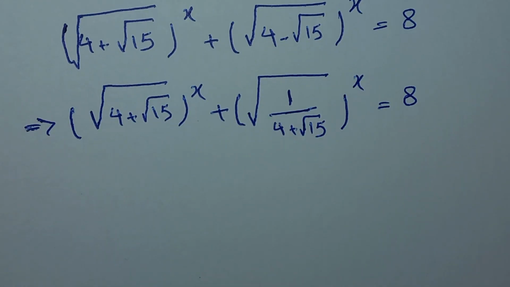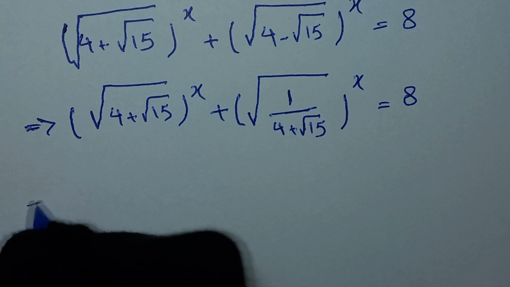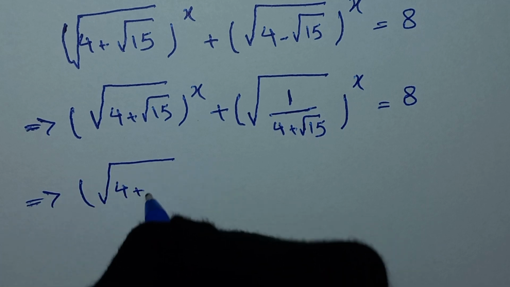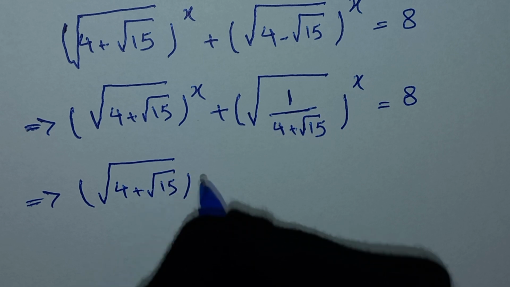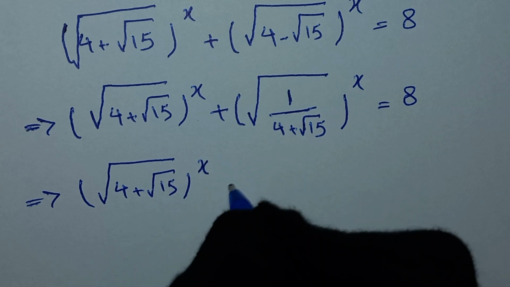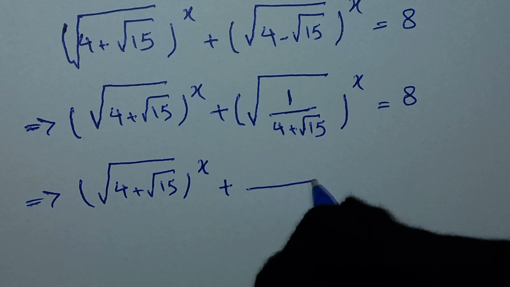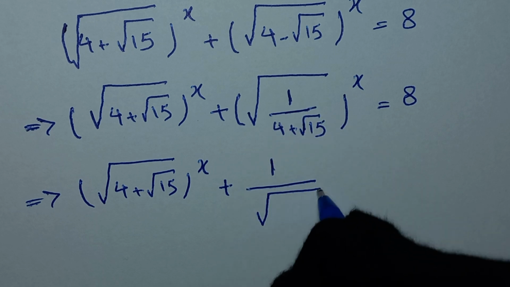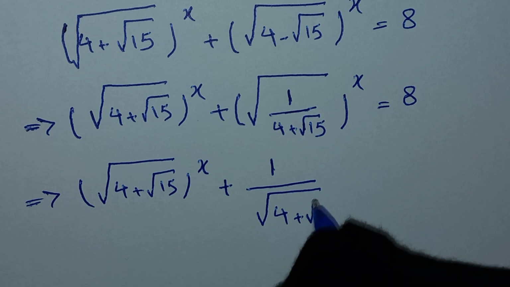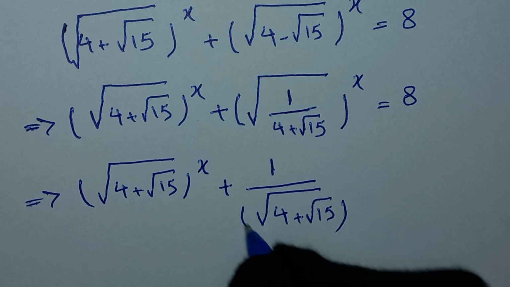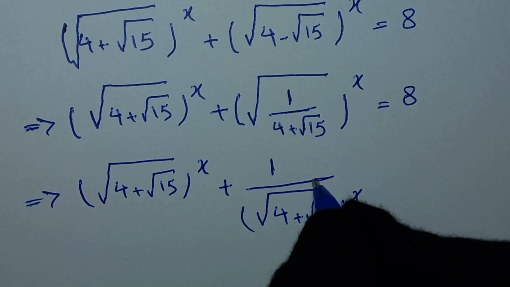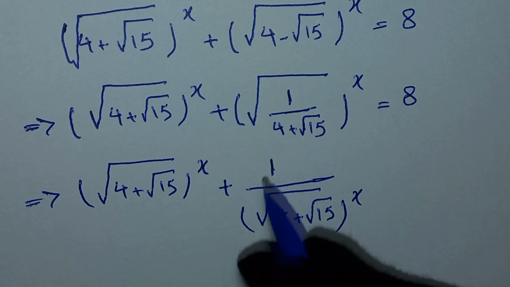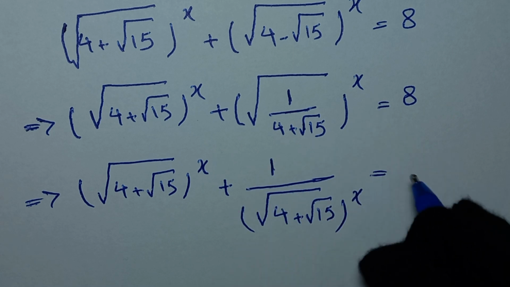And here it will be square root of 4 plus square root of 15 to the power of x, plus 1 over square root of 4 plus square root of 15 to the power of x, because 1 to the power of x is also 1. This is equal to 8.